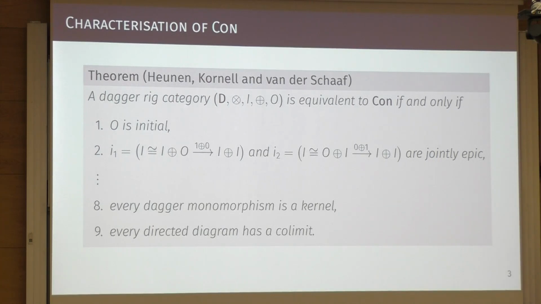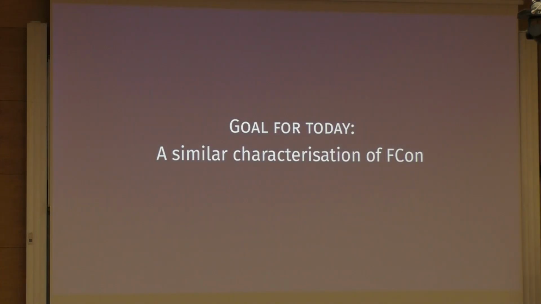So these are the axioms of the category of Hilbert spaces and contractions. Today, we're going to build to a similar characterization of the category of finite-dimensional Hilbert spaces and contractions. Now, you might be wondering, if we can characterize all Hilbert spaces and contractions, then surely the finite-dimensional case is fairly straightforward.